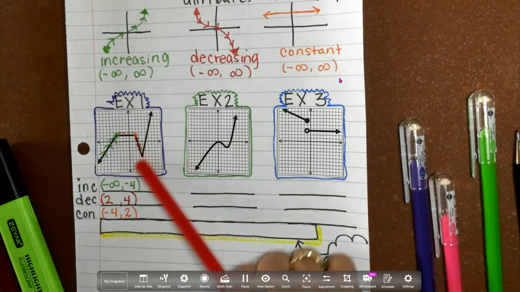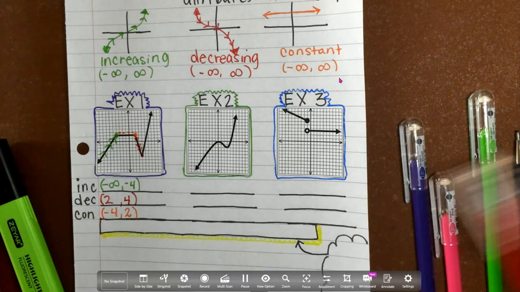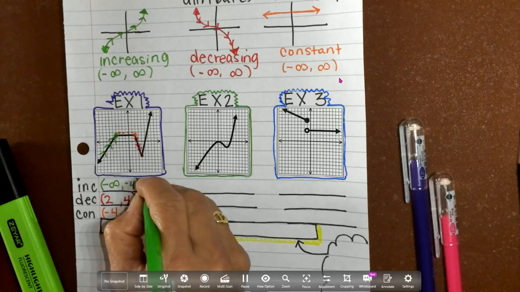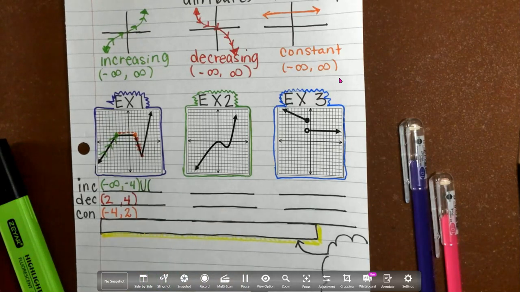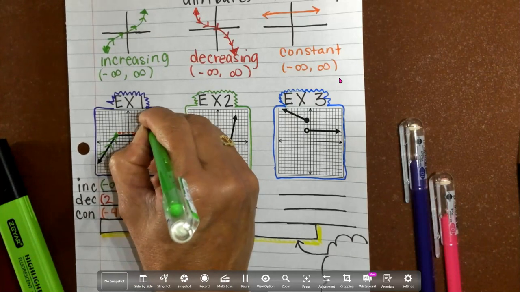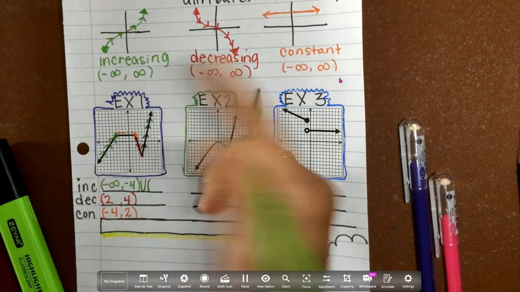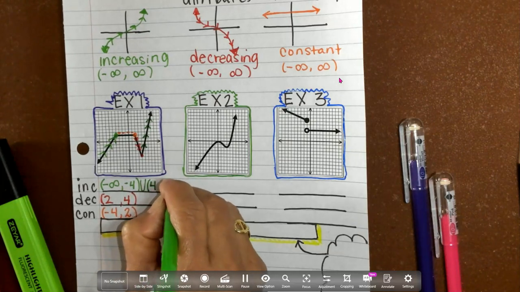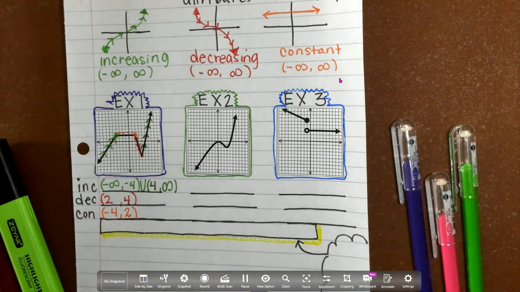I'm still going to make this part fit right here. So remember, we're going to use our U symbol. Now, after we take off where x equals 4, it's going to go up forever. So it is also increasing from 4 to positive infinity.